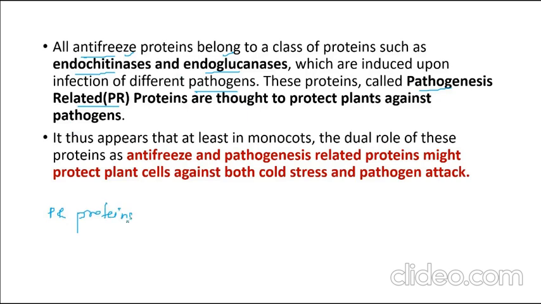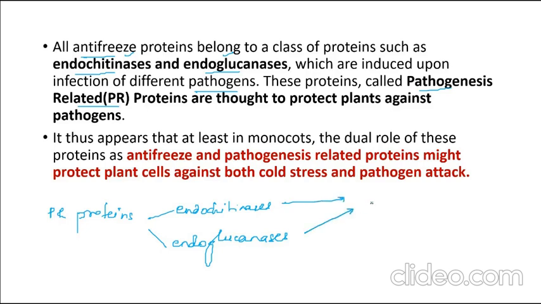So in response to pathogens, some PR proteins are activated. These PR proteins are the class of endochitinases and endoglucanases, which help the plant to fight the pathogen. Defense to pathogen attack.